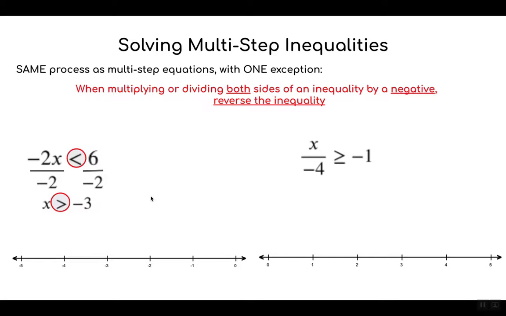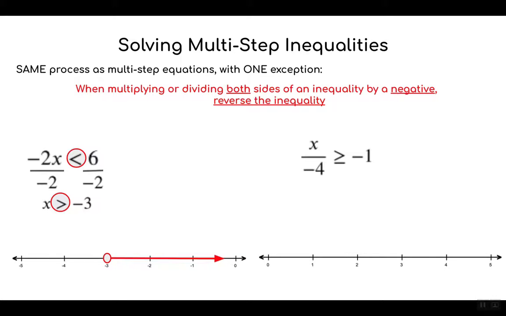Okay, let's quickly review how to graph an inequality. Remember, this has lots of numbers that make this true. There are lots of things we can plug in for x that make negative 2 times x less than 6. So according to our solution, that's everything greater than negative 3. Since it's just the greater than symbol, we put an open circle on negative 3, and everything greater than negative 3 goes to the right.